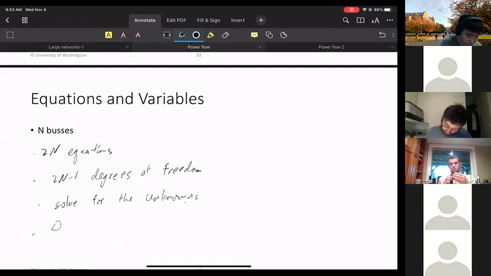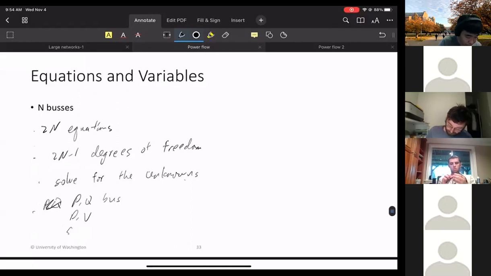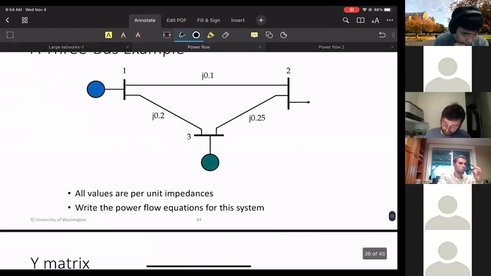So we have PQ, PV, and the slack bus. This is the counting of the equations.